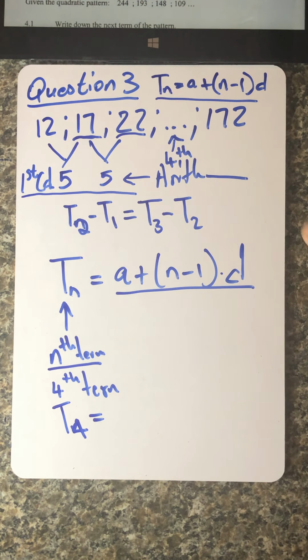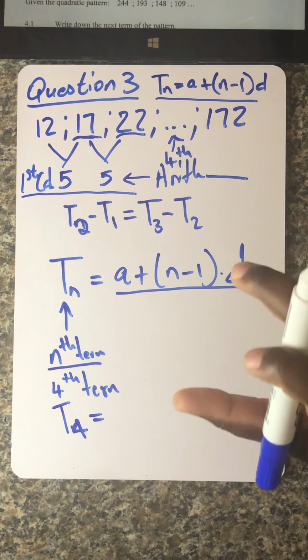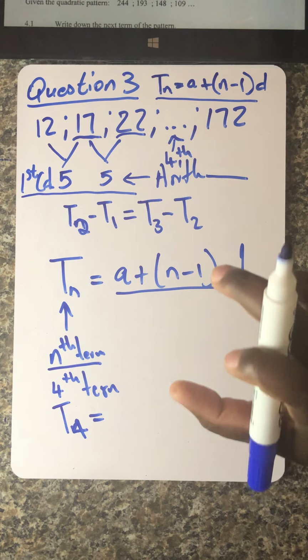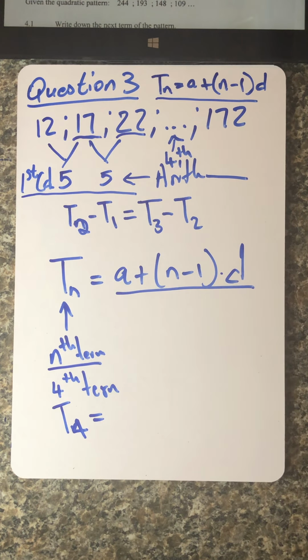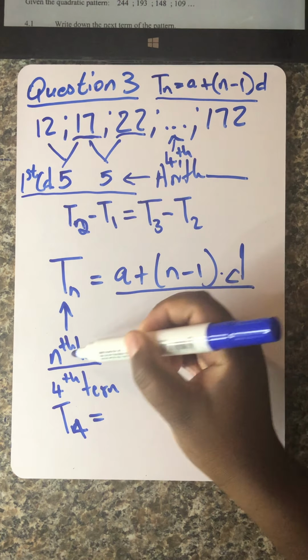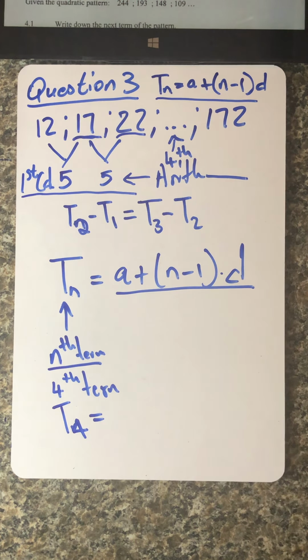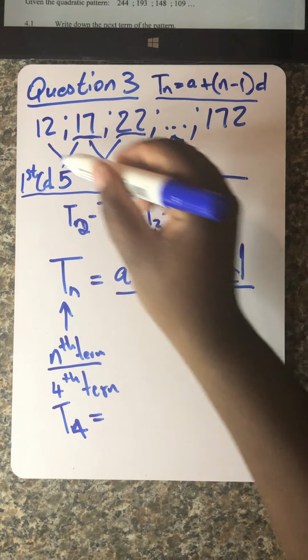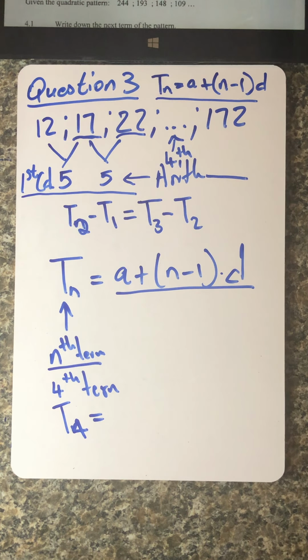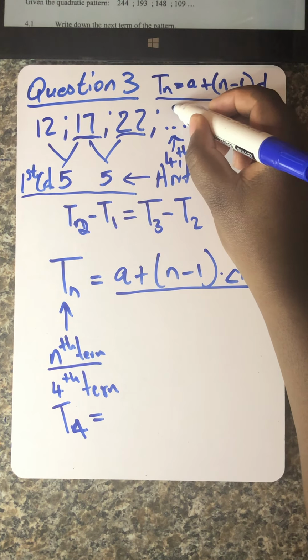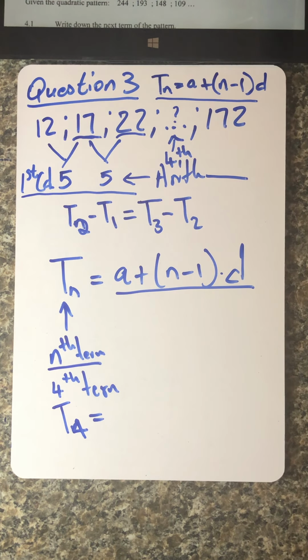It's very, very important, guys, that you realize how the questions are asked. If the question says the nth term, that means they want you to write the general formula of the given pattern. But if they specify the fourth term, they want you to tell them what the term there is.